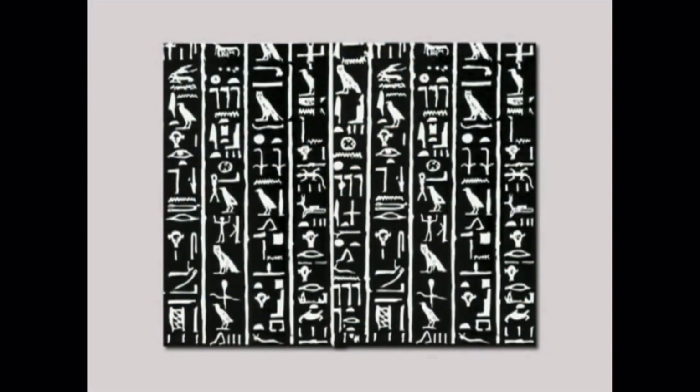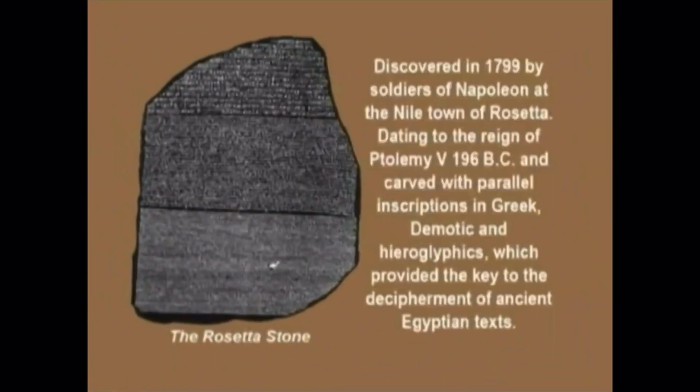On this picture, you see different signs, and my question is, is it information? And the answer is, it could be, but it could also not be. What is the right answer? In 1799, soldiers of Napoleon found this stone in the Nile town of Rosetta.